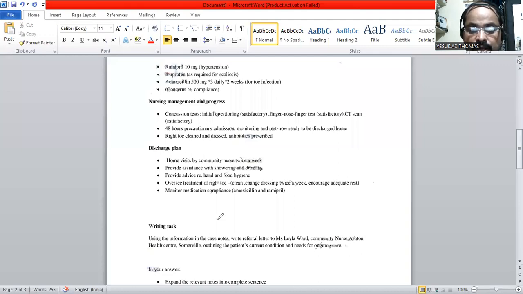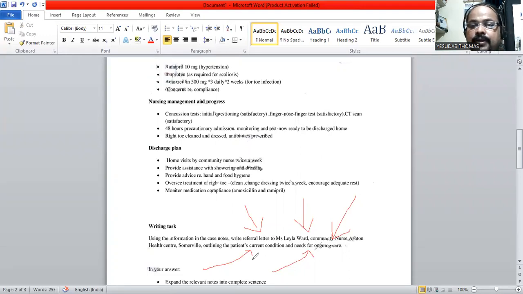So we need to write a referral letter to Miss Layla Ward, community nurse, and we need to outline the patient's current condition and needs for ongoing care. So that's it. So we are going to outline the patient's current condition and the needs of ongoing care.